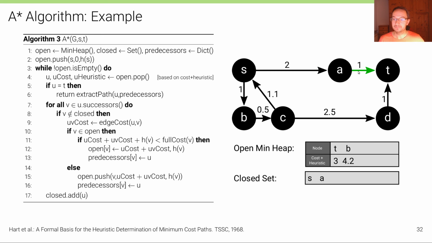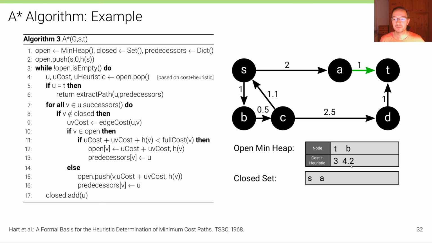And we see that the successor of A is T, and the distance to T is now really 3. So we don't need any heuristic anymore. We have the distance 2 plus 1, which is 3. And we can see that this distance here is smaller than the cost plus the heuristic for node B. So we don't need to continue with node B because we know that the true cost along that path can only be higher than the cost plus the heuristic.